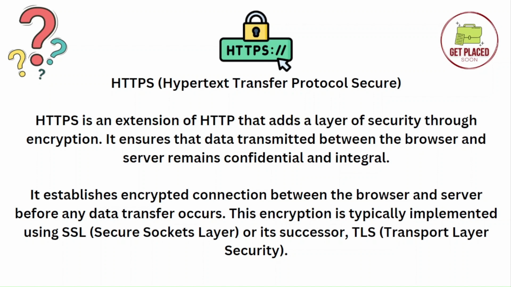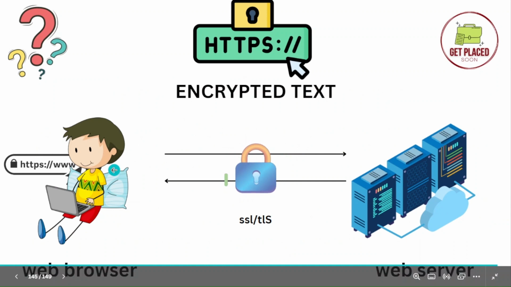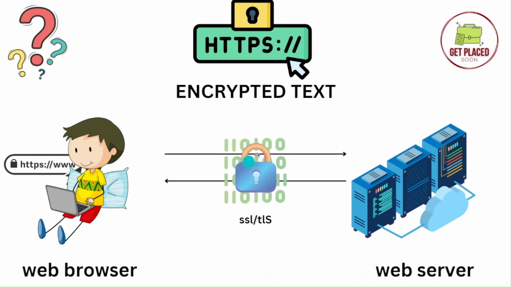Once the connection is successful, we can start communicating between browser and server. I'll show you the demo. Whatever is going between the web browser and web server, we can't see it. Even if we see, it is encrypted text, we don't understand it. It's not plain text, it will be something like ciphertext. So using SSL and TLS, this is possible.